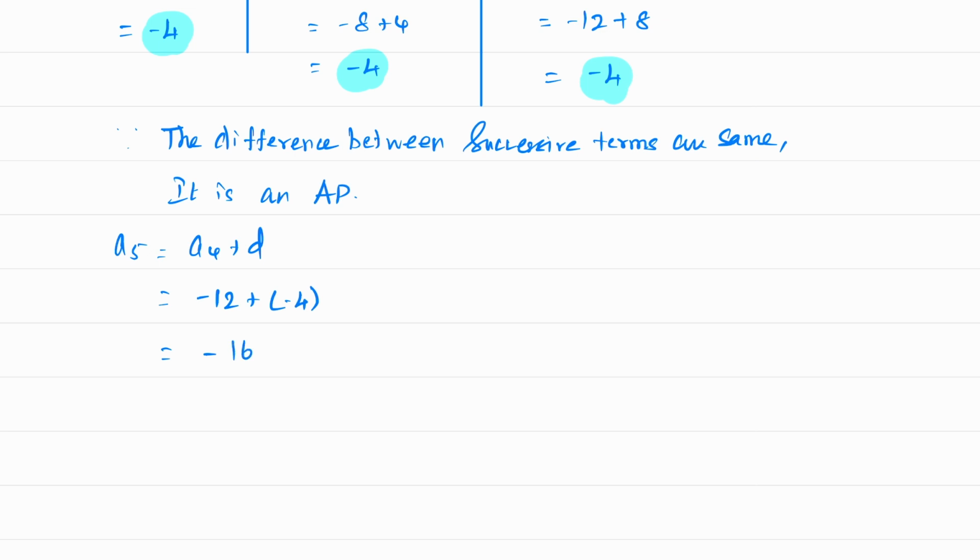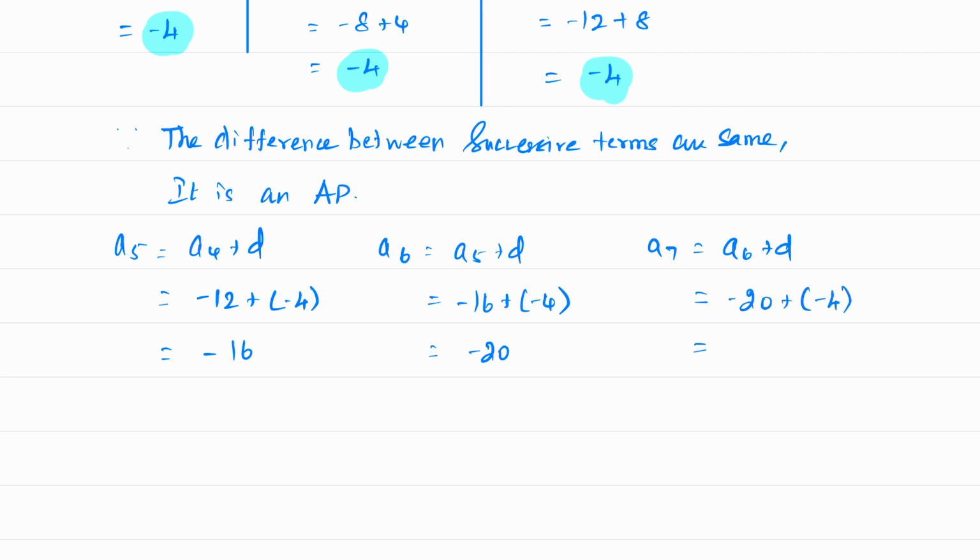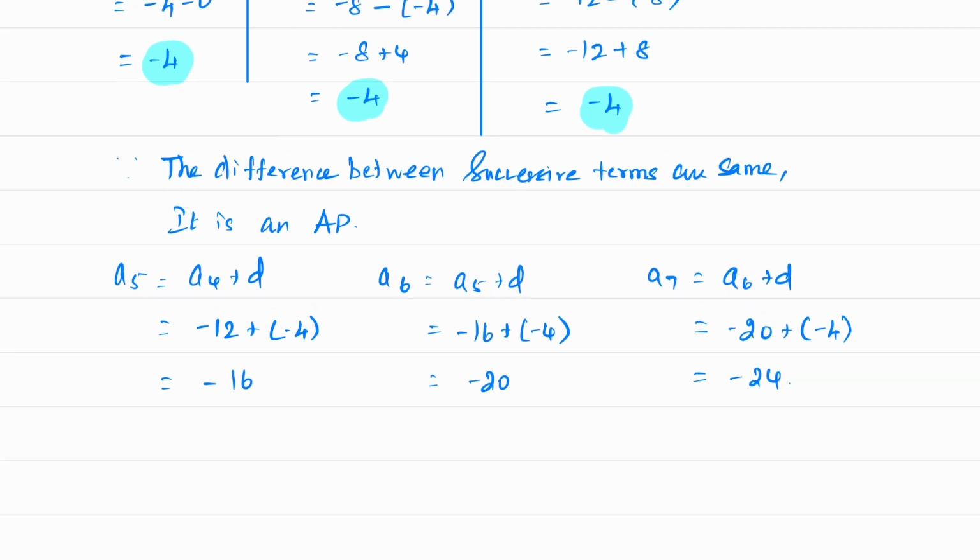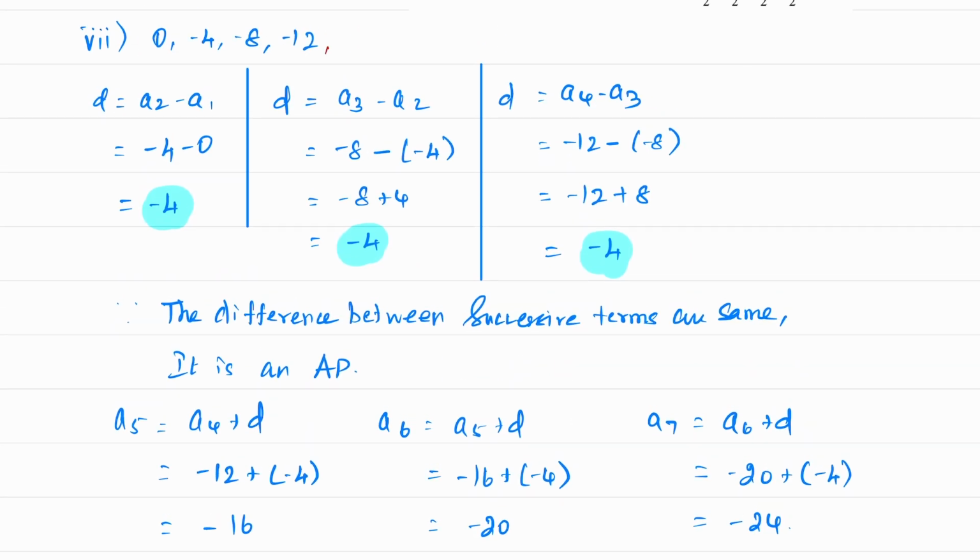So similarly, A6 equals A5 plus D, that is equal to -16 plus -4, which is equal to -20, and A7 equals A6 plus D, which is equal to negative 20 plus negative 4, which is equal to negative 24. So we have found the terms, and the series will go on like this: negative 16, negative 20, negative 24, and so on.